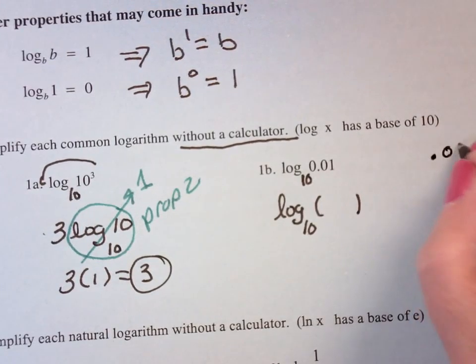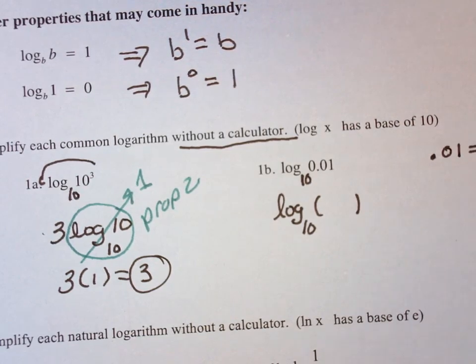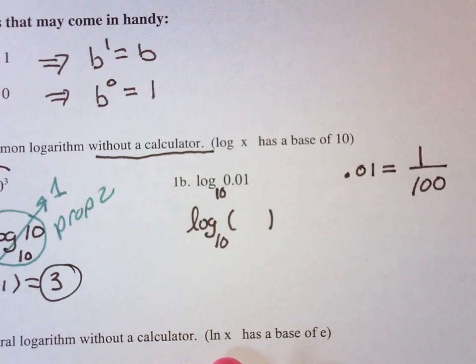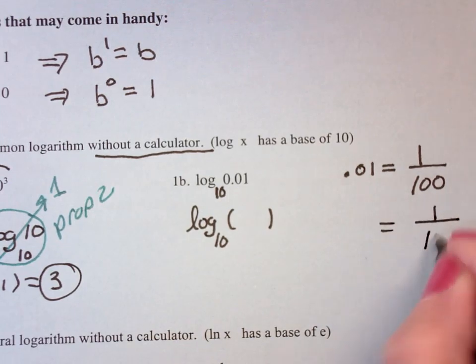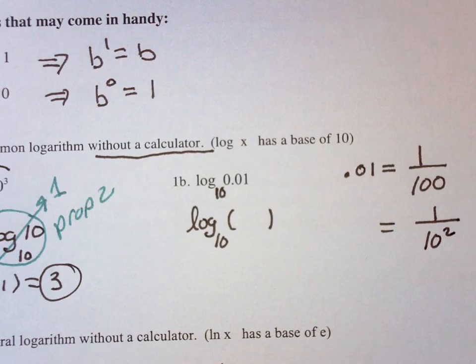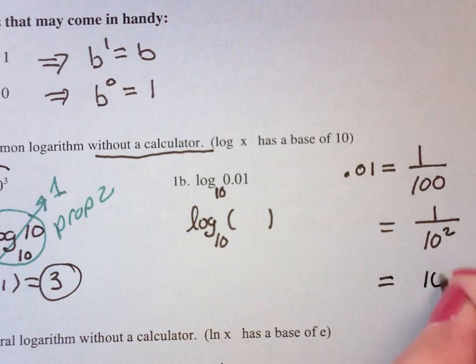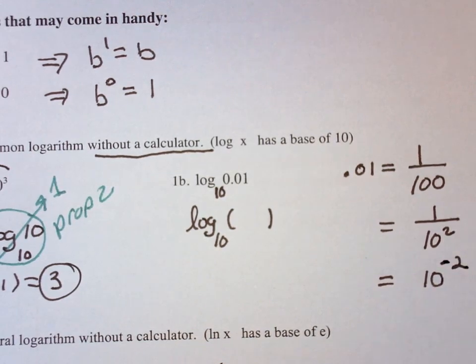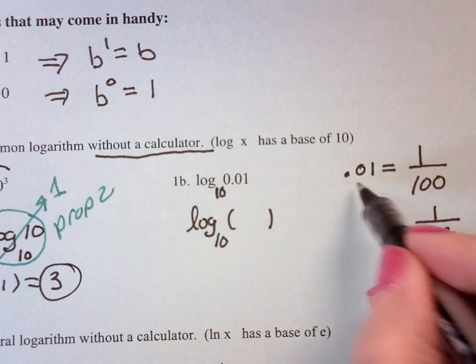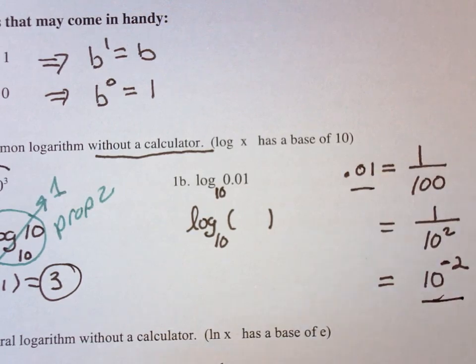And 0.01 is 1/100th, which is 1 over 10 squared, which is equivalent to 10 to what power? -2. So that says 0.01 is the same as 10 to the -2.